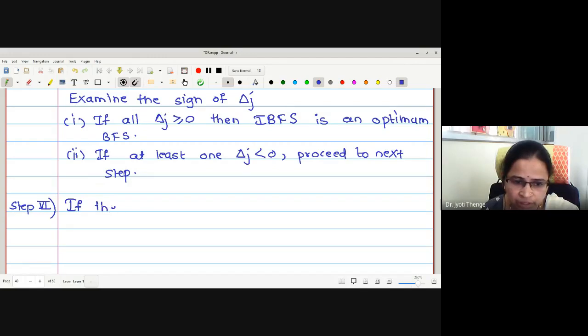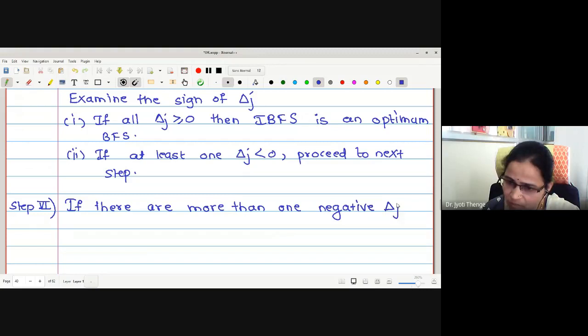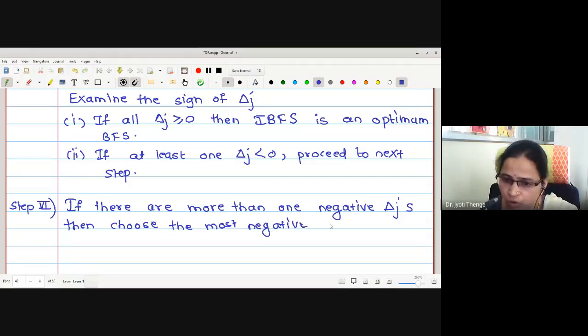If there are more than one negative delta J's, then choose the most negative of them.